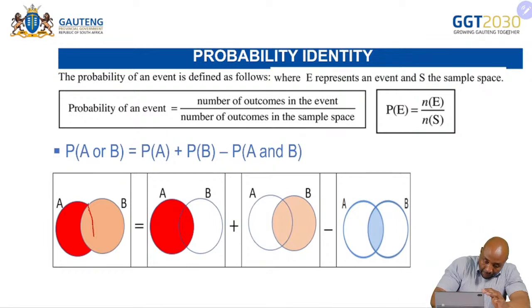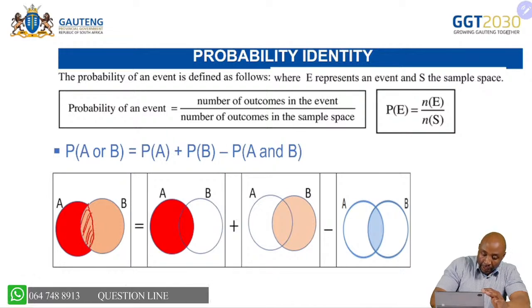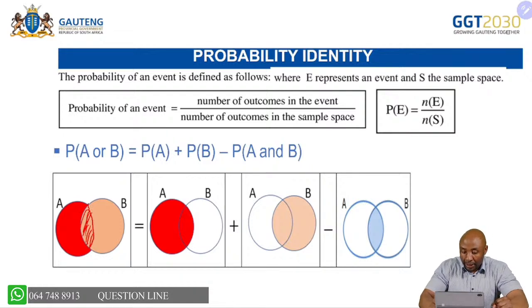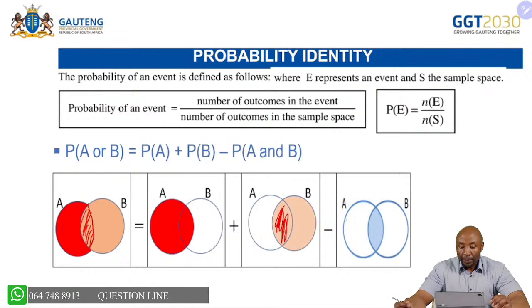Remember, there is that part to complete the other circle. We are subtracting this intersection because it is a repeated one. If you look at the probability of A, this part is there. If you look at the probability of B, this part is also there. But this is the common area that we are subtracting because it is added twice in this particular case. Hence, we subtract it.